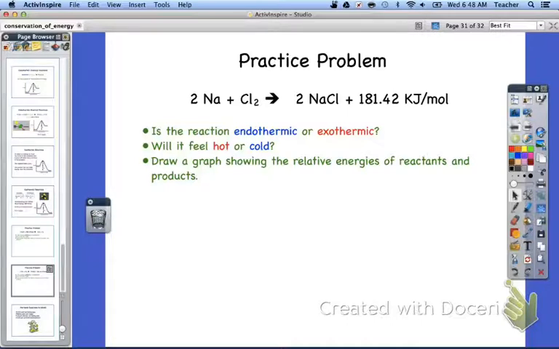The significant thing here that you need to notice is that the energy is written on the product side of the equation. Since that energy is given off as a result of the reaction, this particular reaction is exothermic. Exothermic because the heat is given off. It's given off, so that reaction, if you were to touch it, would feel hot.